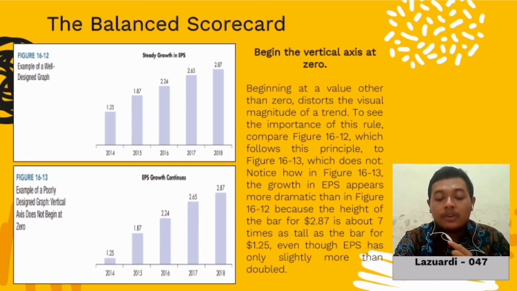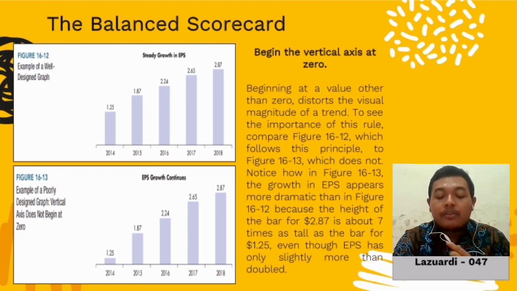Notice how in figure 16.13, the growth in EPS appears more dramatic than in figure 16.12, because the height of the bar for $2.87 is about 7 times as tall as the bar for $1.25, even though EPS has only slightly more than doubled.